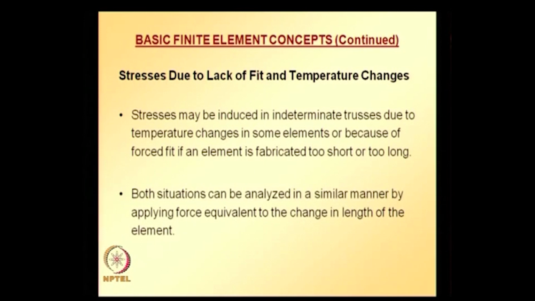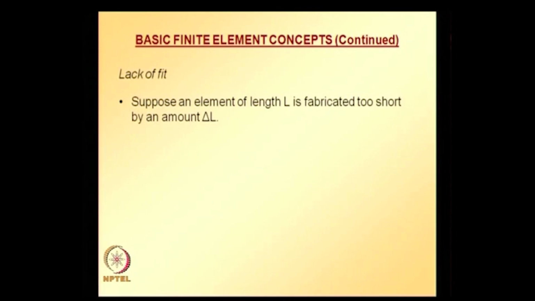Both situations can be analyzed in a similar manner by applying a force equivalent to the change in the length of the element. So let us see what happens. Suppose an element of length L is fabricated too short by an amount delta L. First we are going to look at how to compute the stresses due to lack of fit in a truss member.